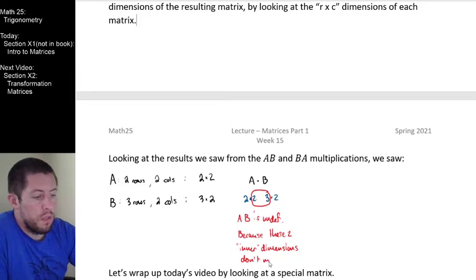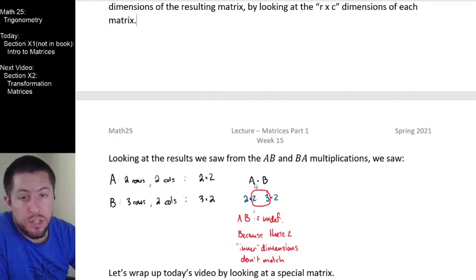Anytime you're looking to do a matrix multiplication, remember that order matters for matrix multiplication.